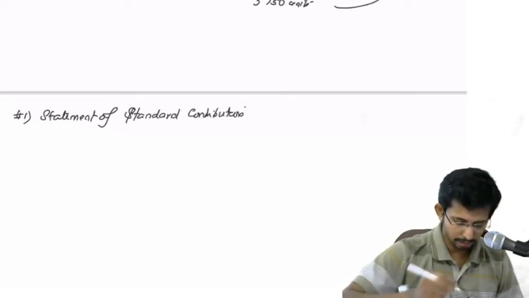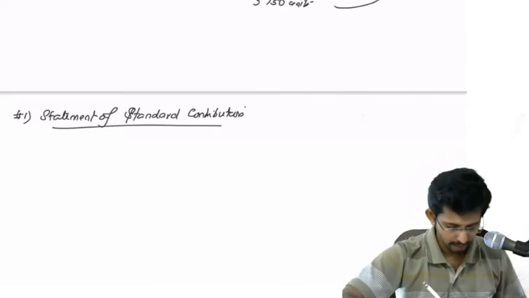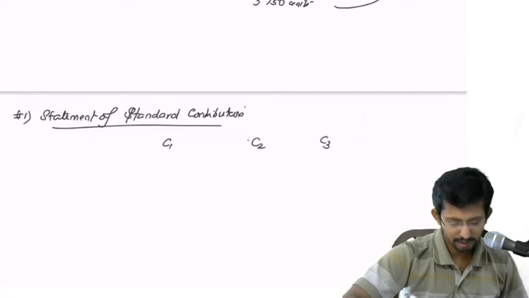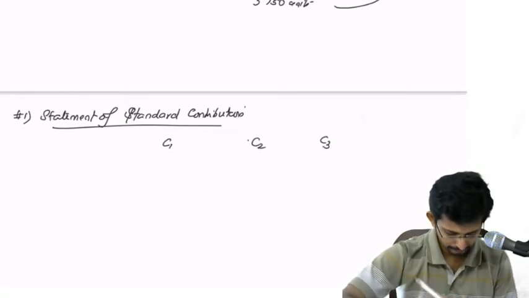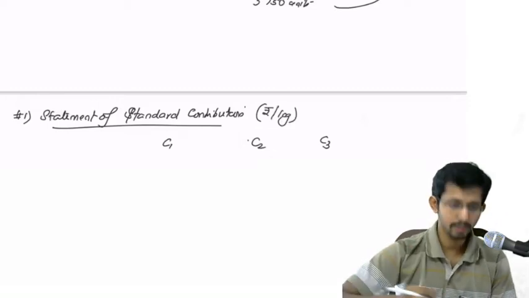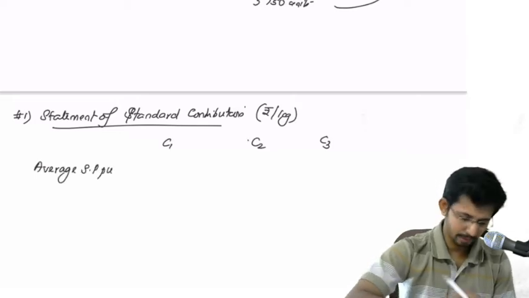Why is standard contribution required? Because that is required for computing the mix variance. So C1, C2, C3, unit is rupees per unit of C1, C2, C3. You can start with average selling price per unit.